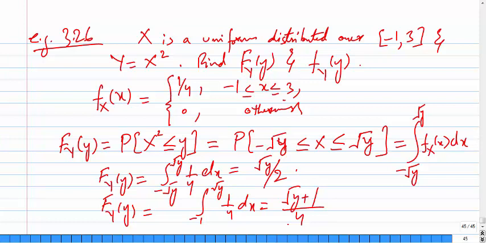Now as we know that y is equal to x squared, when x is 3, y is equal to 9. In that case the CDF is 1 when y is greater than or equal to 9.